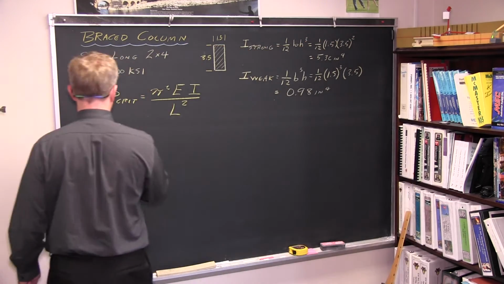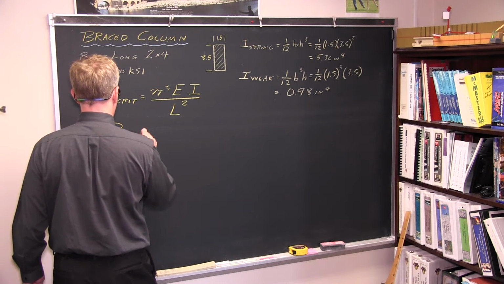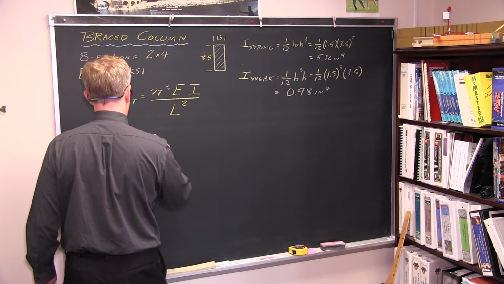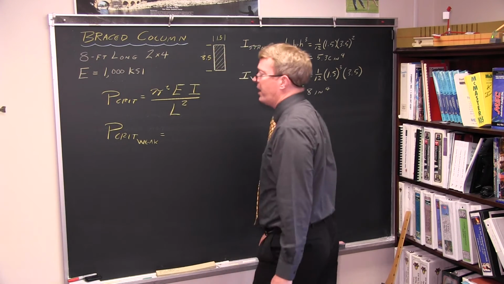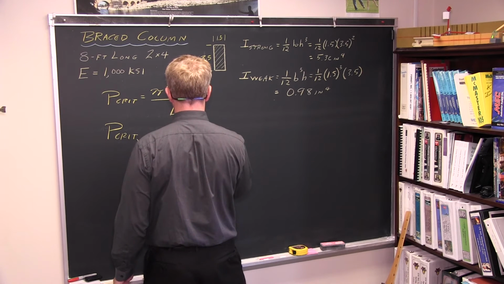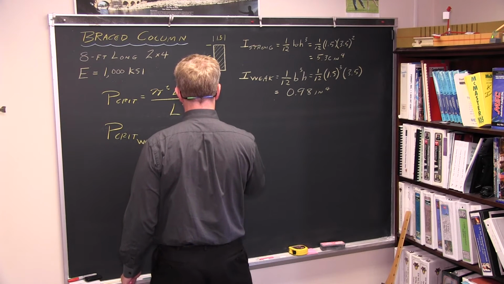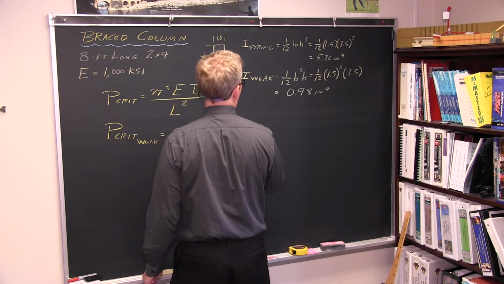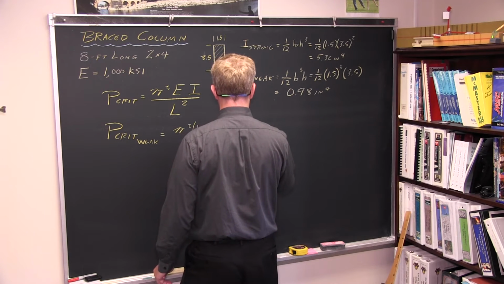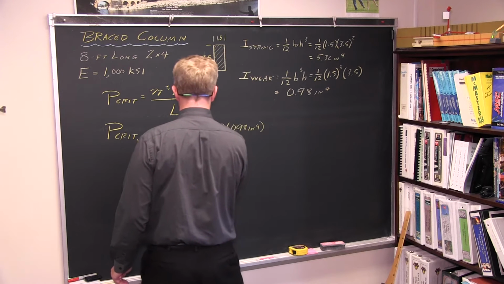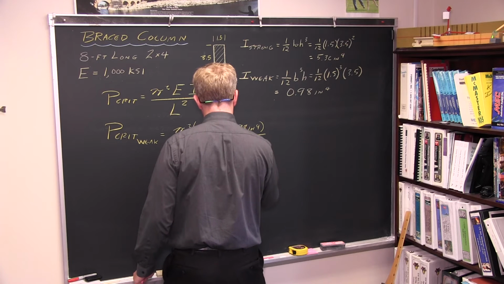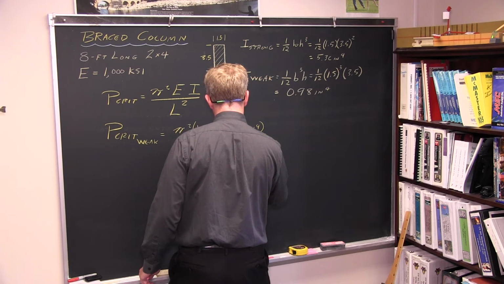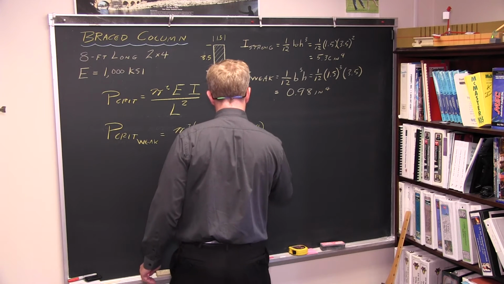And so if we wanted to find out P critical in the weak direction, because that's the way it's going to fail, if I load this thing up, it's going to fail in the weak direction. I'm going to get pi squared times 1000 KSI times 0.98 inches to the fourth, all of that divided by 8 feet times 12 inches per foot, quantity squared.